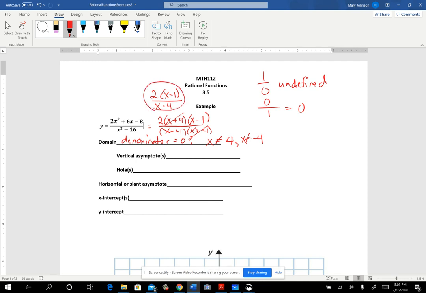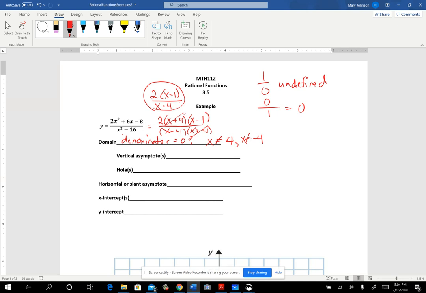The original expression and that one are basically the same, except the original, in factored form, is undefined at negative 4, where this one doesn't have that problem. So we can fix the problem at negative 4 by just canceling the x plus 4 factor.